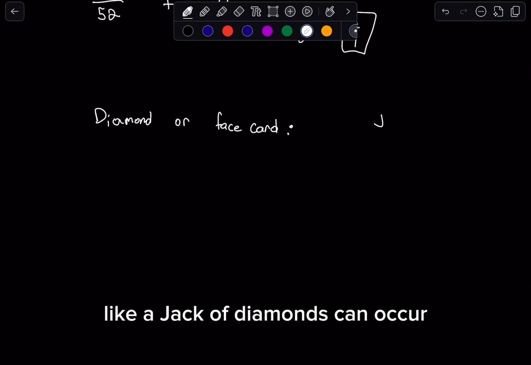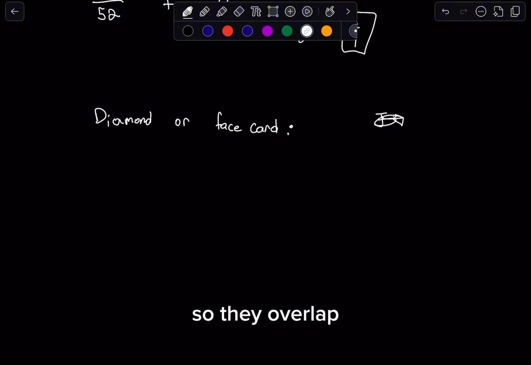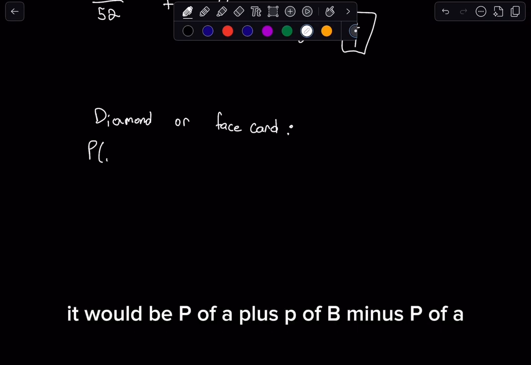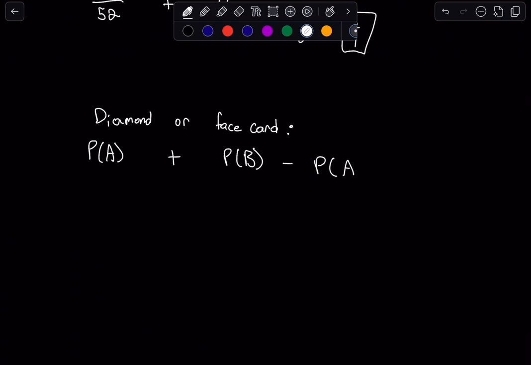Like a jack of diamonds can occur, so they overlap. And we know that if we're doing that, it would be P of A plus P of B minus P of A and B.